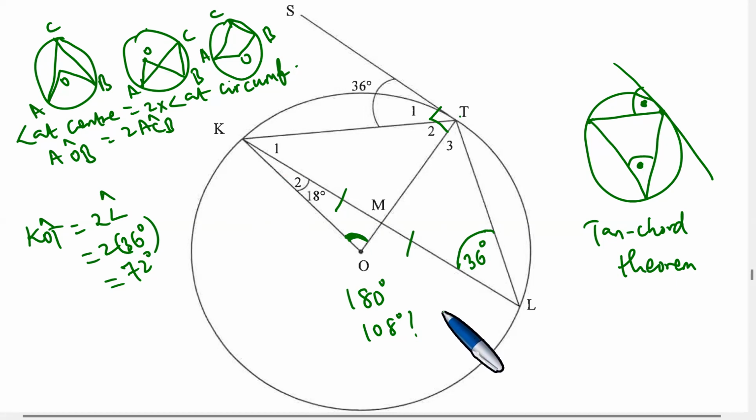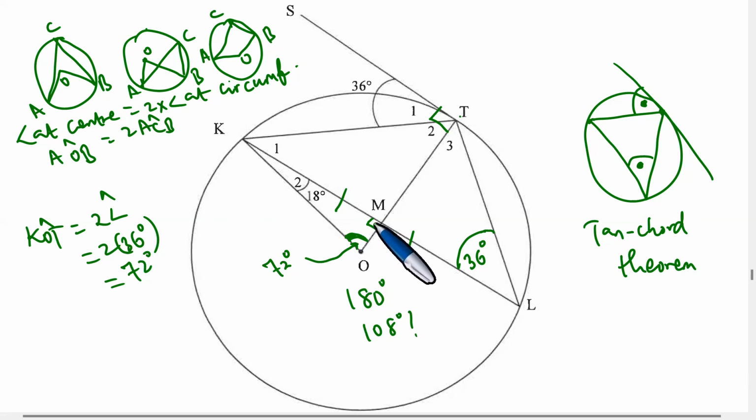To prove this, one way is to show that angle KMO is equal to 90 degrees. This one you already know is 72 degrees. 72 plus 18. What is 72 plus 18? Is 90. So this one is also 90 degrees.